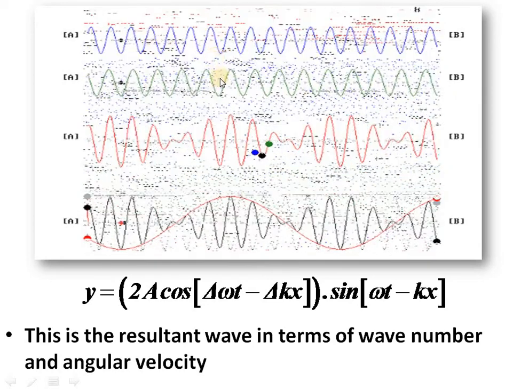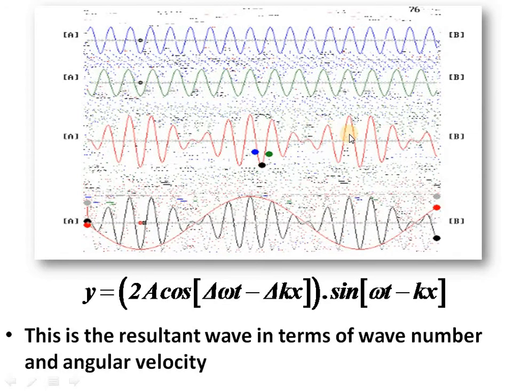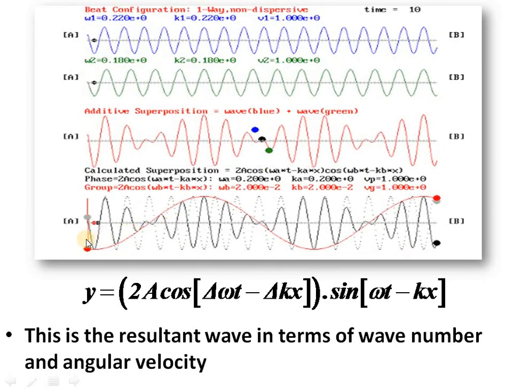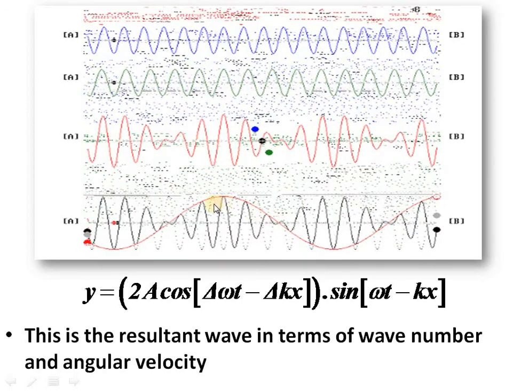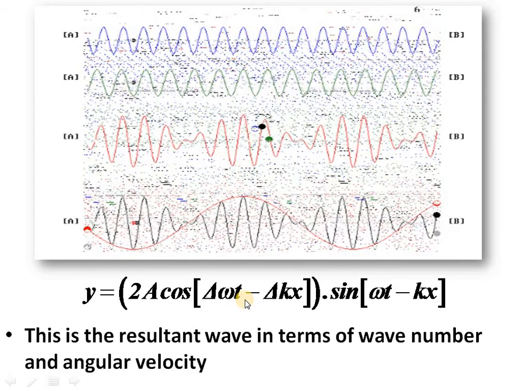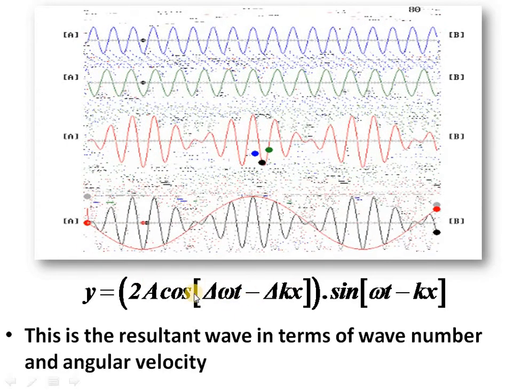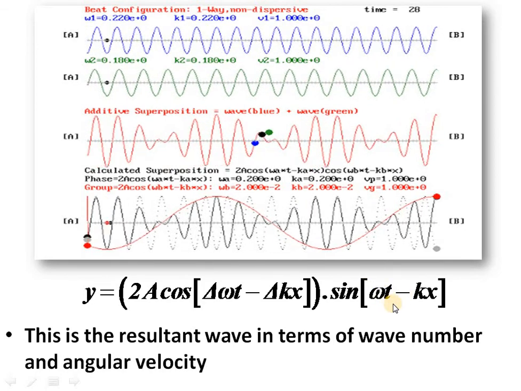You can see in the first case the two waves separately, and the resultant wave is shown here, and its envelope is also shown here, how the envelope varies. So the envelope is taken into account by this factor. Once again, reminding you, the envelope is taken into account by this factor, and the variation inside is taken into account by this factor.